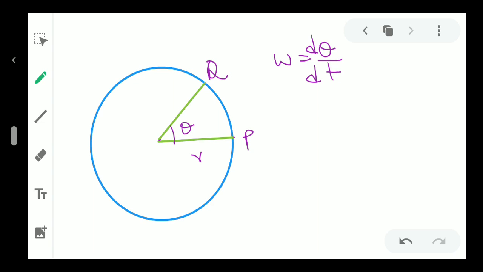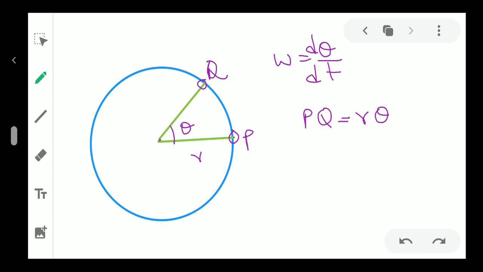So you know the arc length, that is the length from P to Q, is r theta, that you know already from your trigonometry, that the arc length is always the multiplication of the angle between the initial and final position, and r, the distance between them. If you multiply them, you will get the arc length.